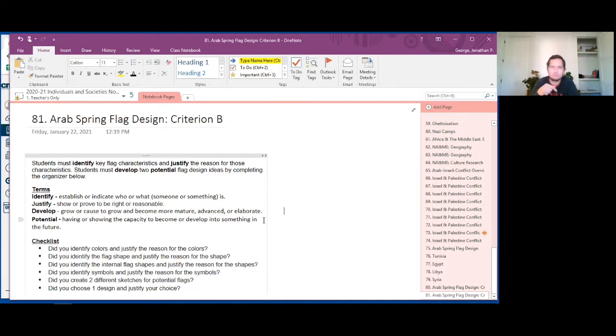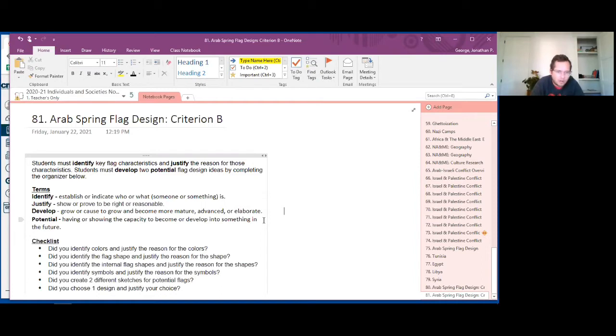So again, some terms here probably need to be defined. Identify: establish or indicate who or what someone or something is. So you're going to identify key flag characteristics, indicating what characteristics of flags are important. You're then going to justify: show or prove to be right or reasonable. This is where you're going to argue a little bit on why these characteristics should be included in your flag.